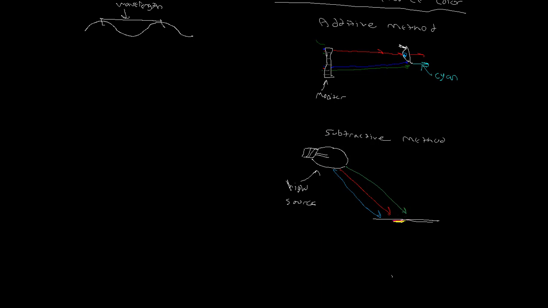What would happen is the magenta and the yellow ink would absorb the green and the blue, and the red would be reflected off. And so our eye would see red.